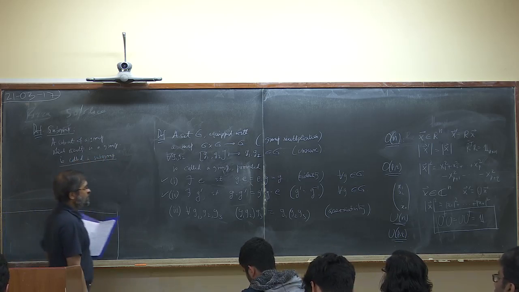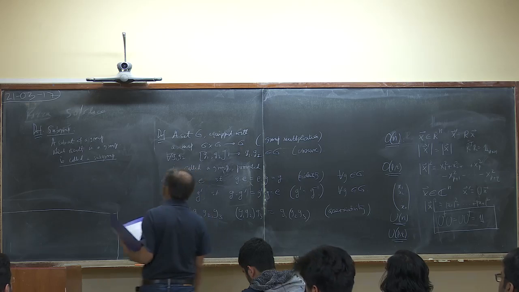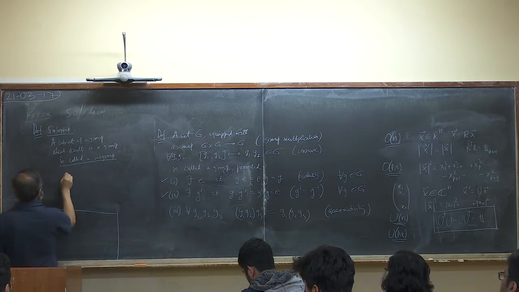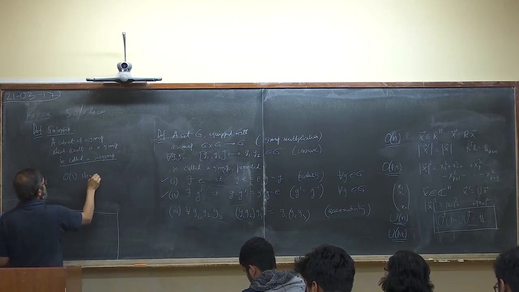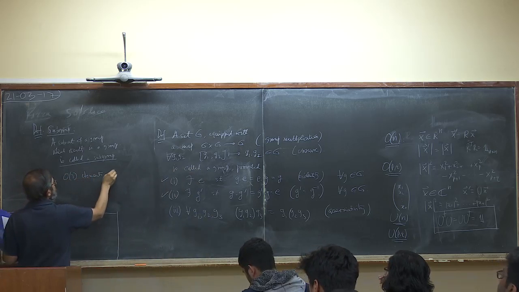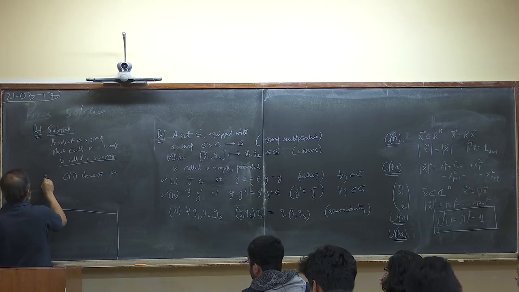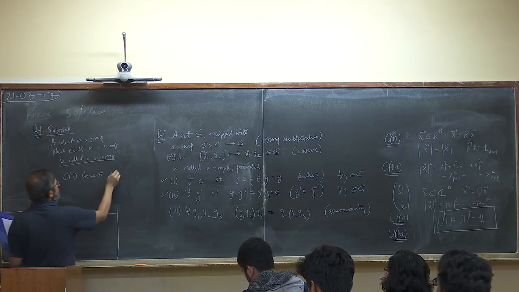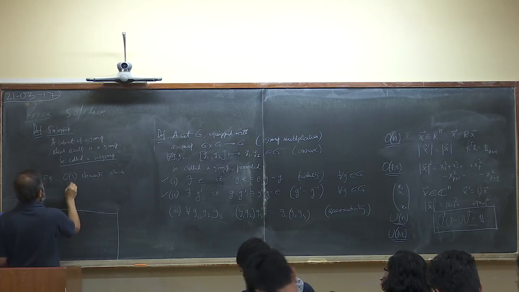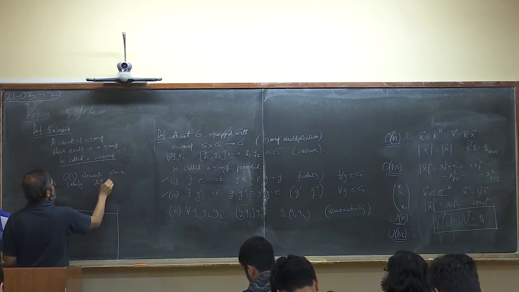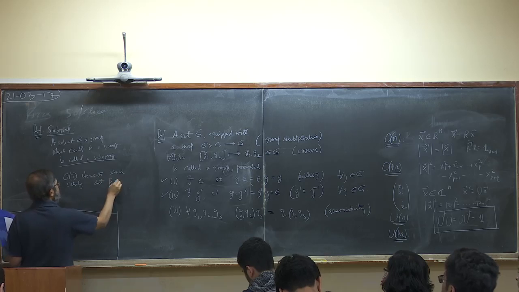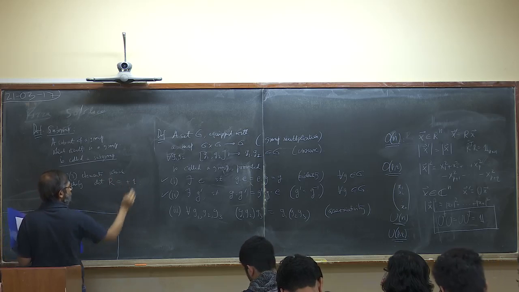Now define a subset of O(3). So for example, O(3) elements will satisfy determinant of R equal to plus 1.